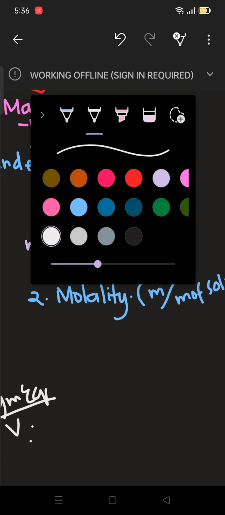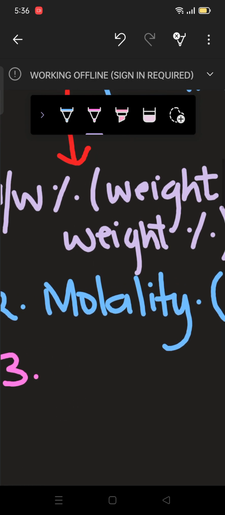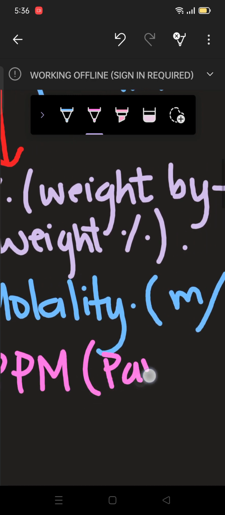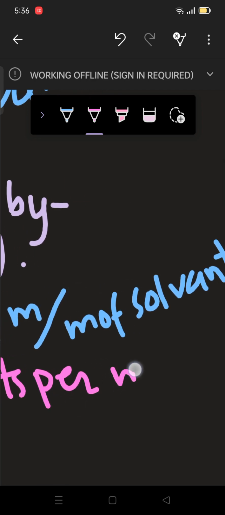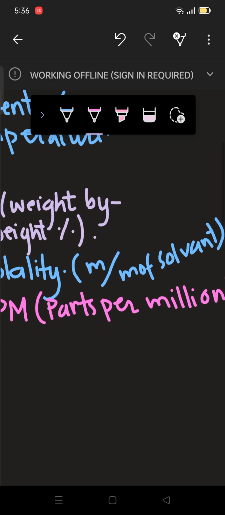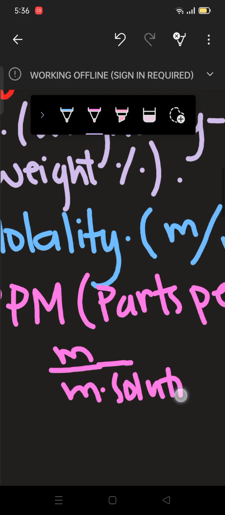Third one here we will be studying would be ppm, that is parts per million. Formula, of course, you can find here: mass of solute upon mass of solution into 10 power 6.